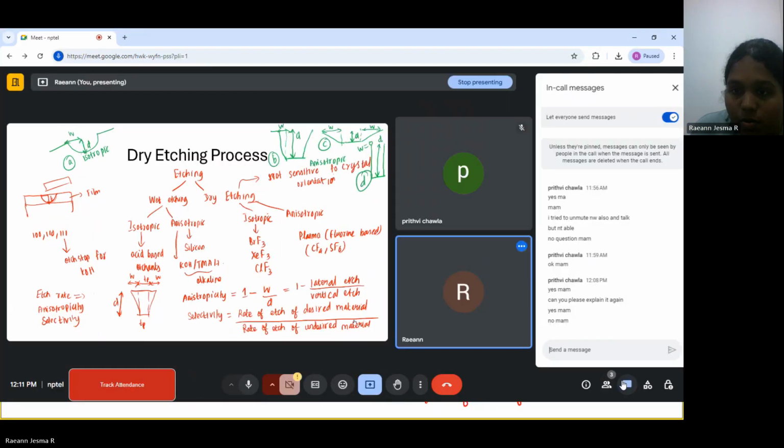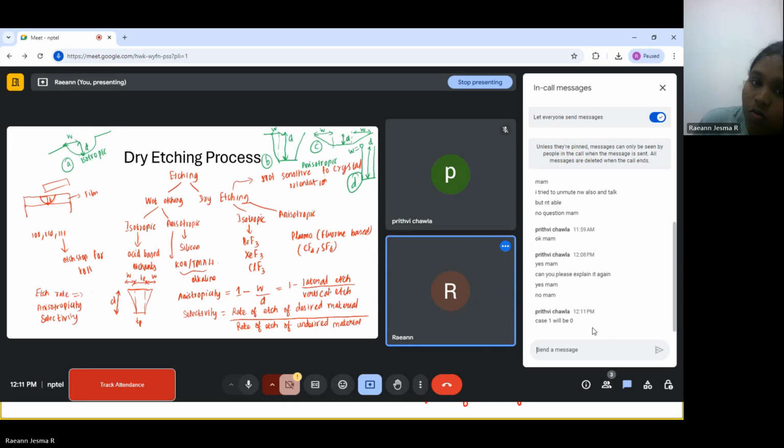For case 2, your D is very high compared to W. So case 2 will be less than 1. It will be close to 1.